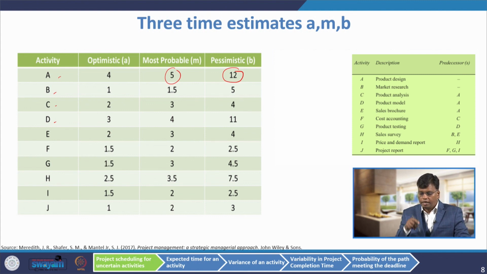So, here you know the difference between the critical path method and the PERT method. In the critical path method there was only one time estimate, but for PERT there are 3 time estimates for the given problem we discussed in the previous class.